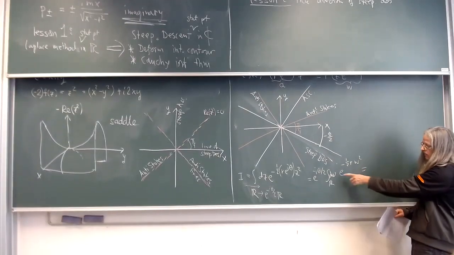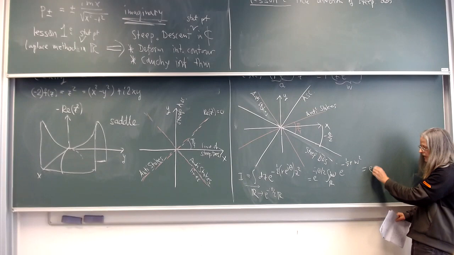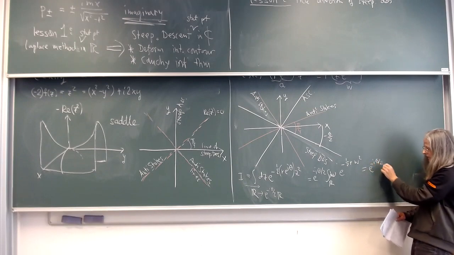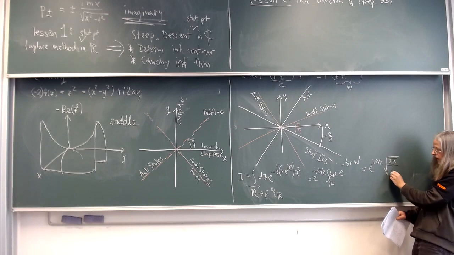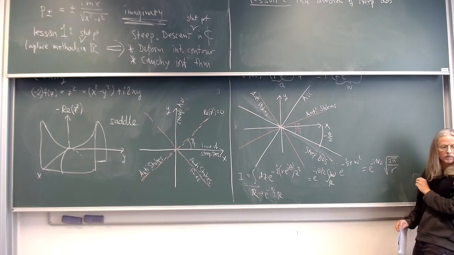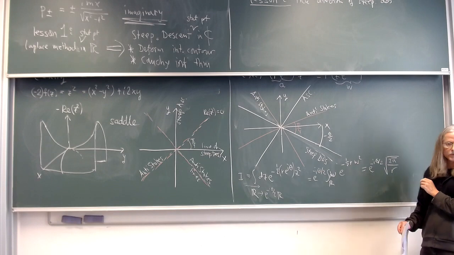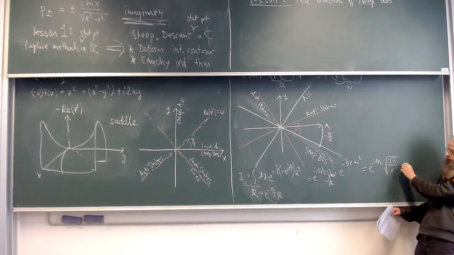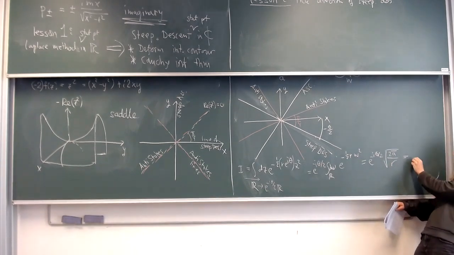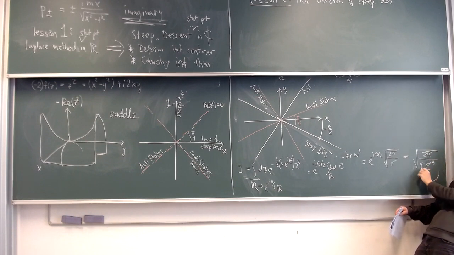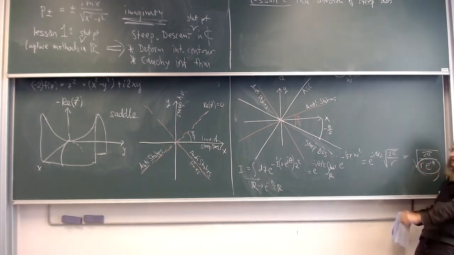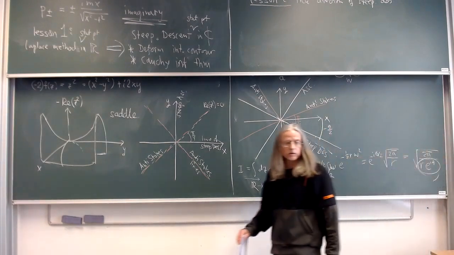And this, of course, we know is equal to e to the minus i theta half times the square root of 2 pi over r. That's of course the formula we started with, the Gaussian integral. Or we can write this as the square root of 2 pi over r e to the i theta under the square root. And of course, here we get precisely a again, as we should.